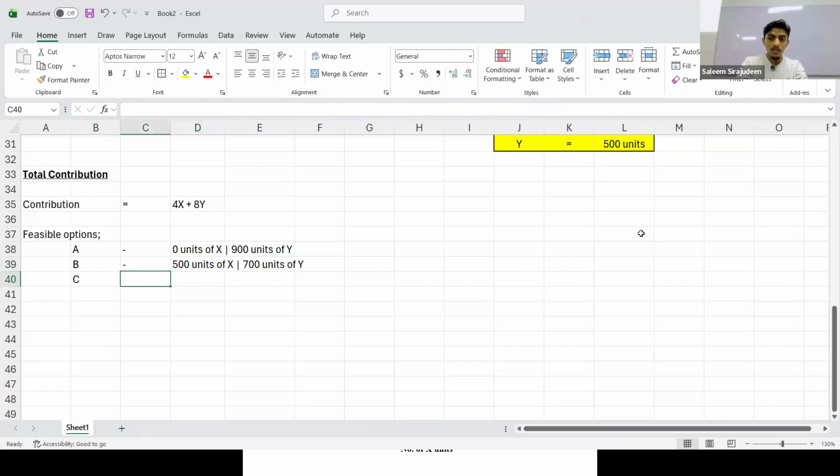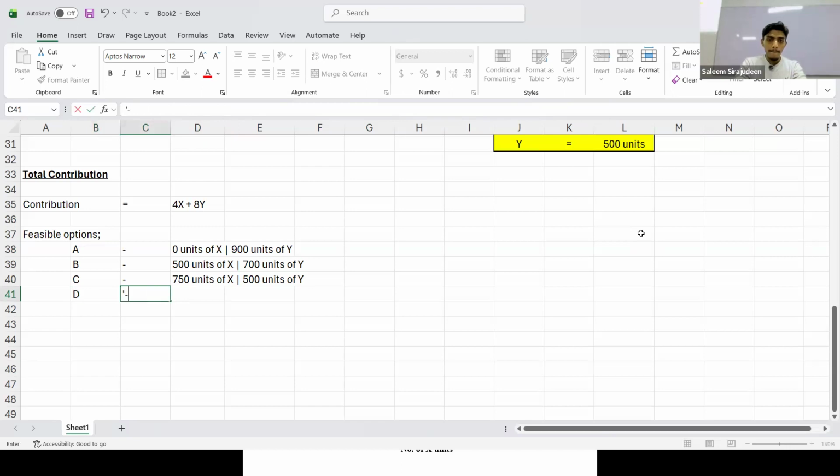Point C. 750 units of X and 500 units of Y, correct?